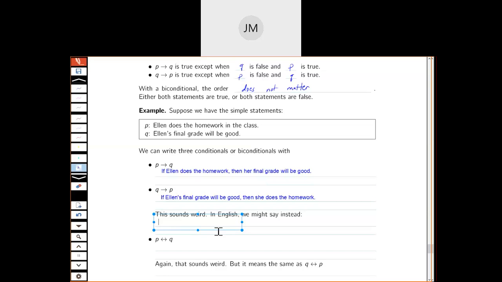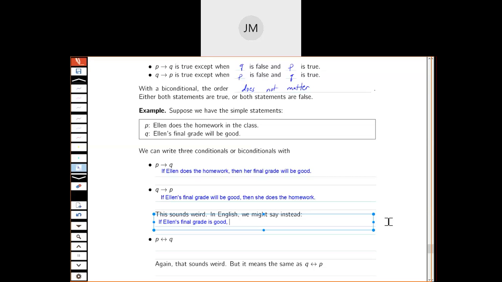When we're writing out our logic sentences back in English, usually what we want to do is word it so that it doesn't sound so harsh to our ears. So I could write something like, if Ellen's final grade is good, then she must have done the homework. Or oftentimes when we're saying an if-then statement in English, we leave out the then part.